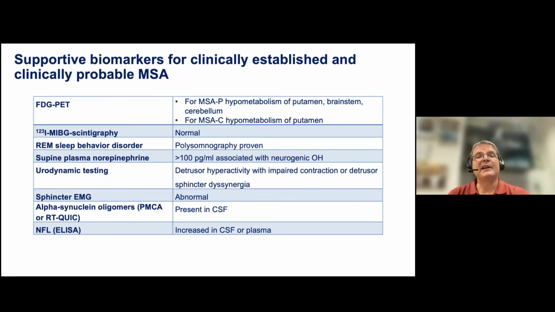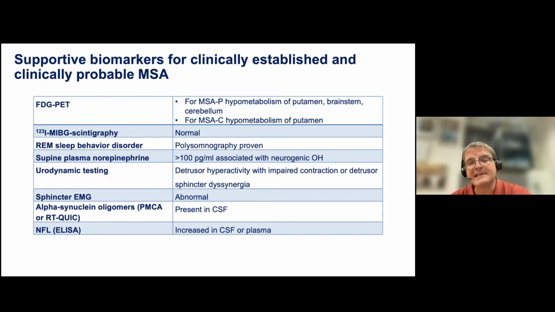Other markers include normal MIBG scintigraphy, indicating intact sympathetic innervation of a heart muscle, polysomnography proven RBD, a supine plasma norepinephrine level that exceeds 100 picogram per milliliter and is associated with orthostatic hypotension, urodynamic testing that reveals detrusor hyperactivity or detrusor sphincter dysynergia.